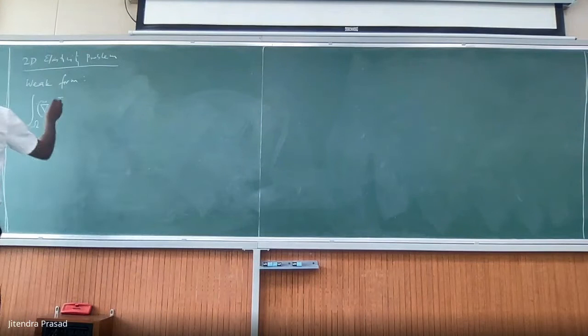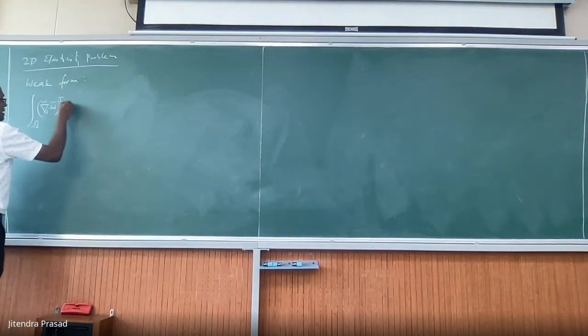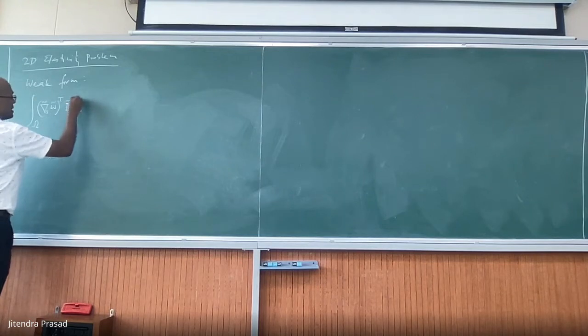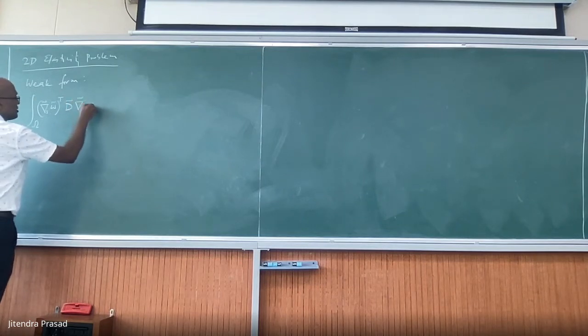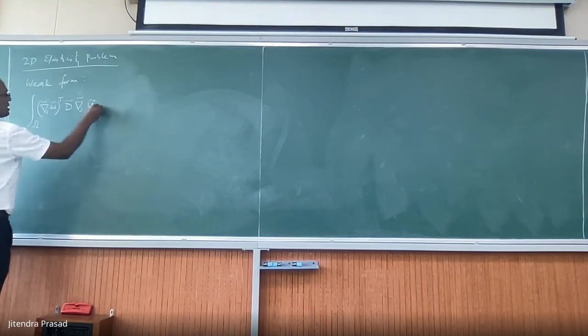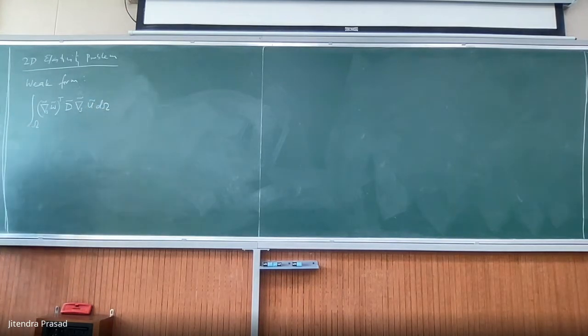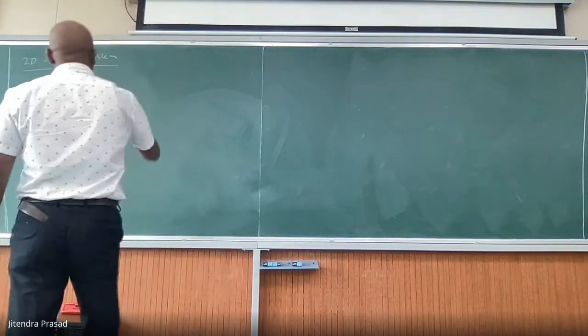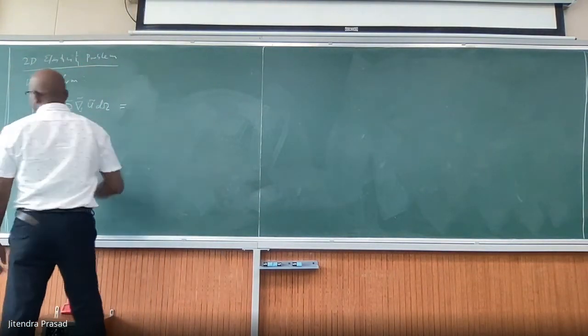And then we had D, then we have del S U, and d omega. This is on your left hand side, and this is supposed to be equal to two things.